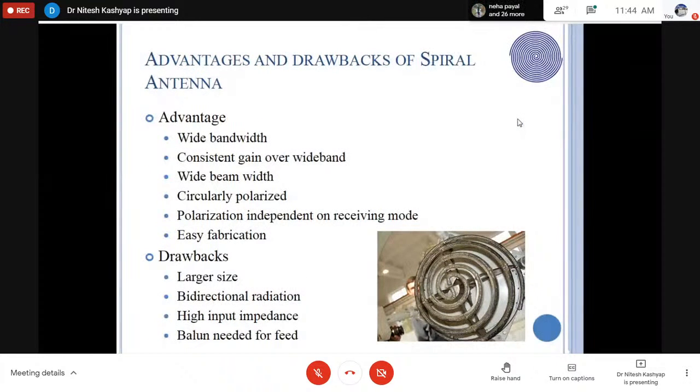Definitely, it has drawbacks also. The advantages are wide bandwidth, consistent gain over a wide band, wide beam width, circularly polarized, polarization independent over receiving mode, and easy fabrication. Drawbacks are large size, bidirectional radiation, high input impedance, and a balun needed for feeding.